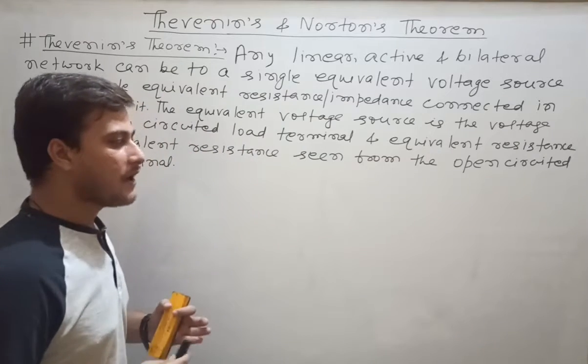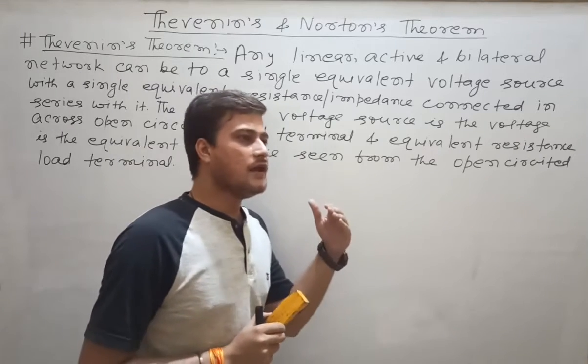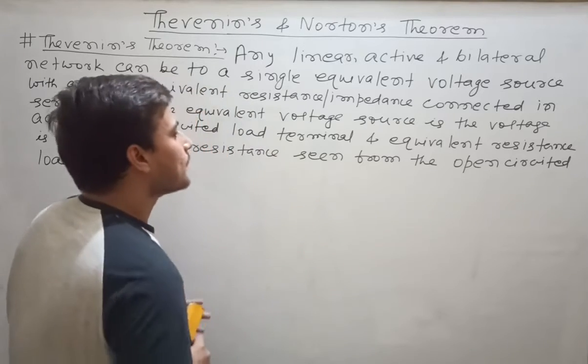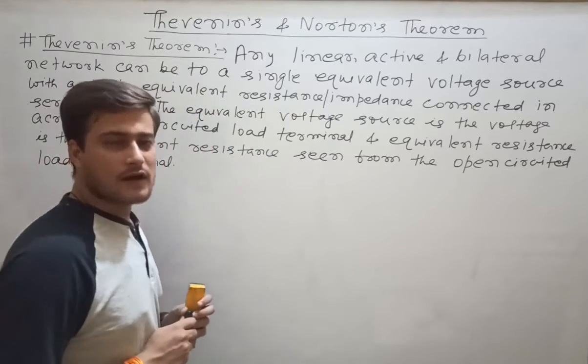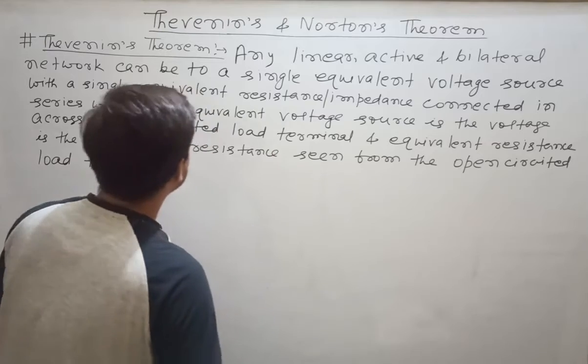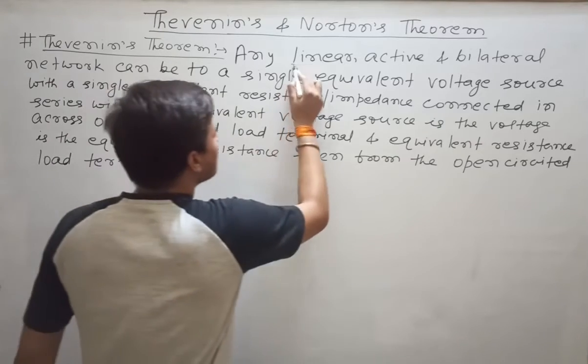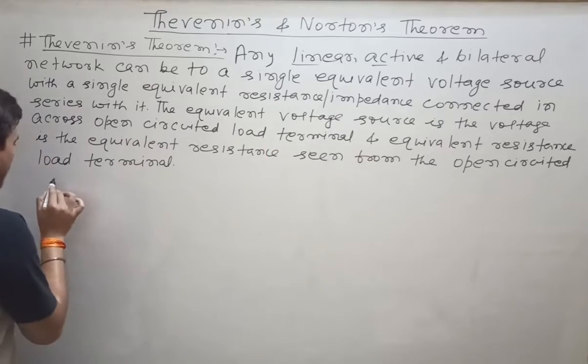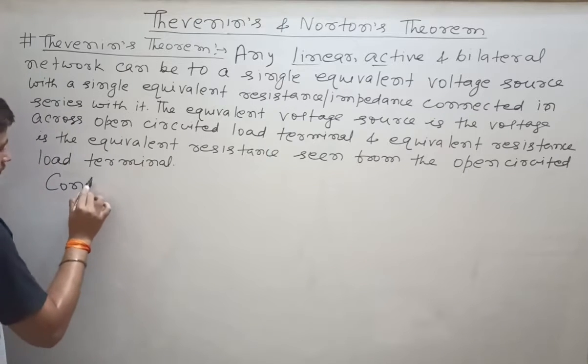If you are applying Thevenin's theorem in any network, then there must be some conditions so that we can apply Thevenin's theorem. So it is saying that the network should be linear, active and bilateral. That means I am writing the conditions.